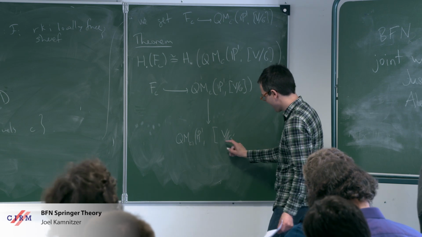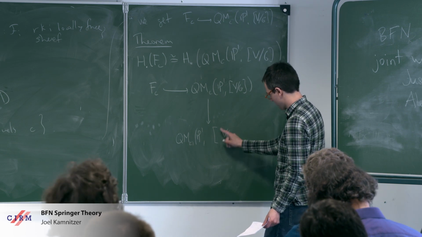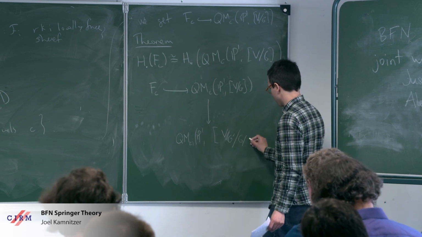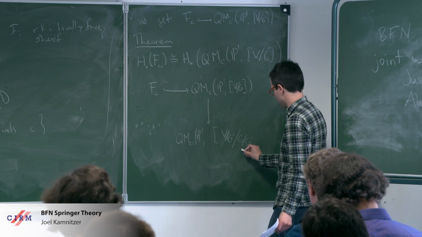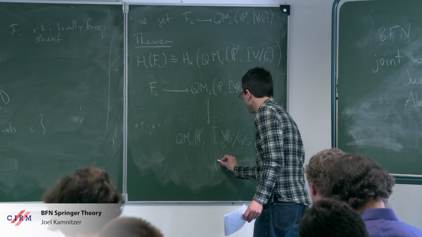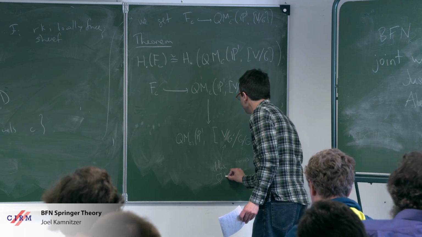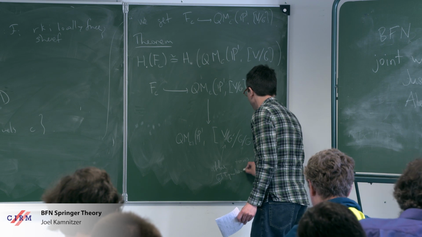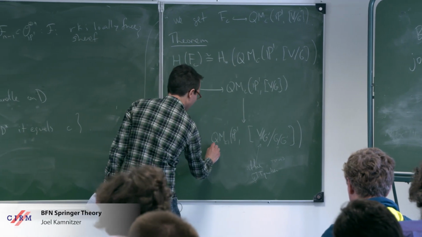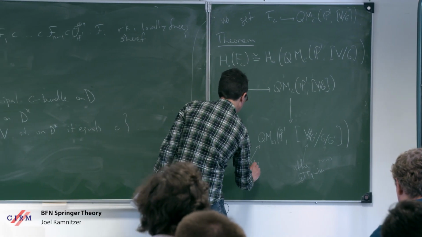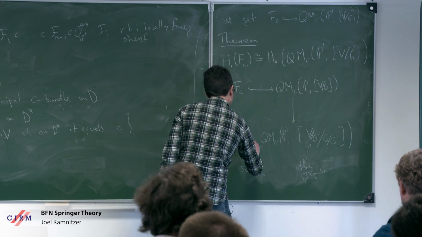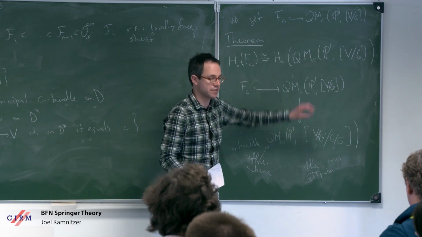So here I use the affine GIT quotient, and here I take the stack quotient by G mod G prime, which is a torus. So this here is a torus. This here is an affine GIT quotient. And this whole thing is an affine scheme which is contractible. In this way, we prove that the homology here is the same as the homology here.